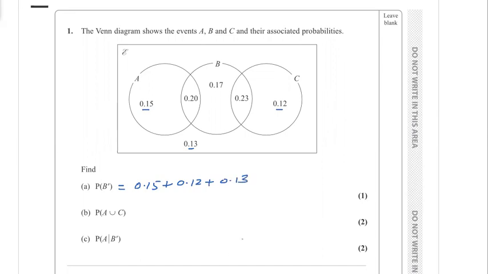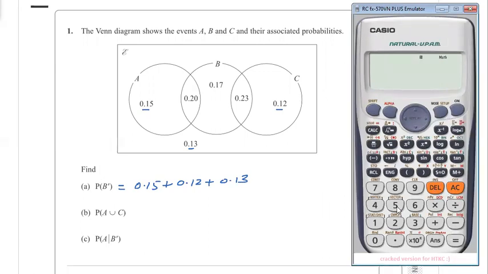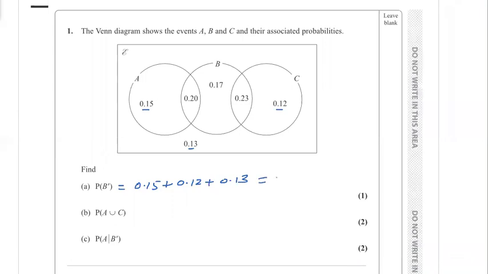So let's calculate them. Here we have 0.15 plus 0.12 plus 0.13. That is going to be 0.4. So probability of B complement is 0.4.